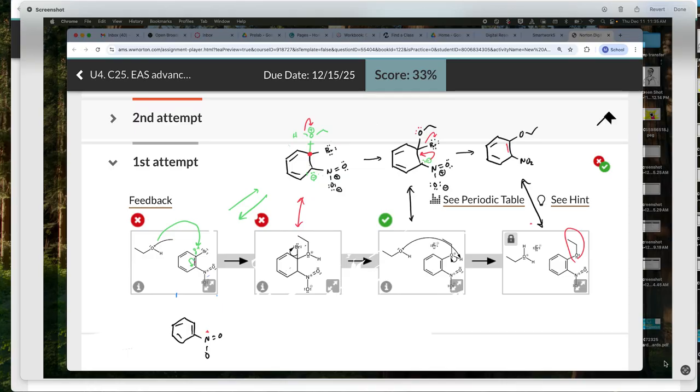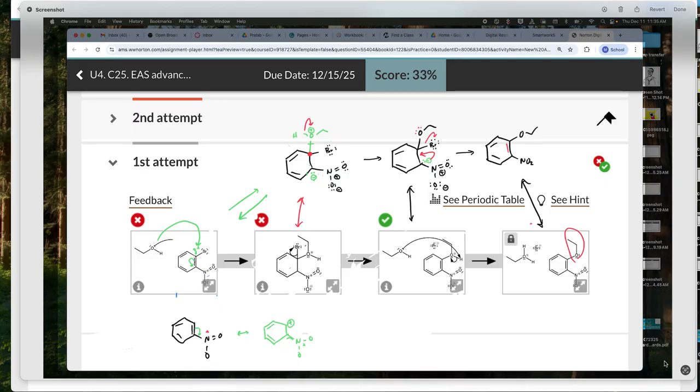Well, it's going to control through resonance, right? Our pi electrons could shuttle out. Where does that build a positive charge? Oops, I sort of got it right and then sort of didn't all at the same time. I'd build a positive charge there.